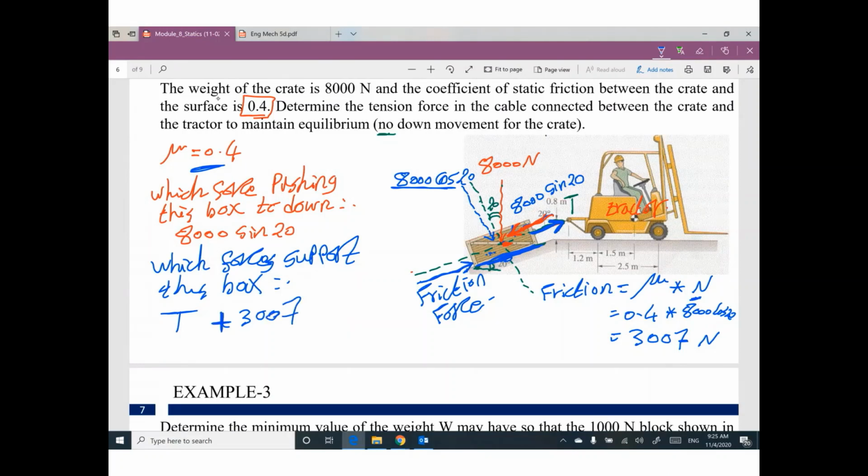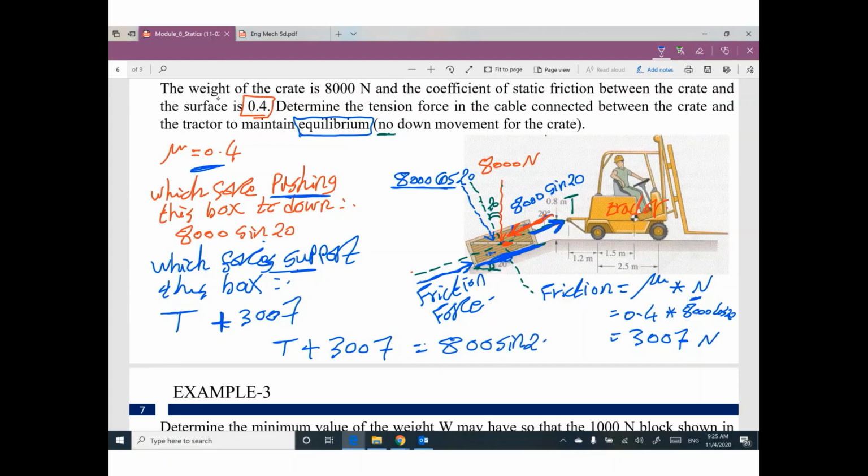When you expect equilibrium, the pushing force equals the supporting force. So T plus 3,007 equals 8,000 sine 20.